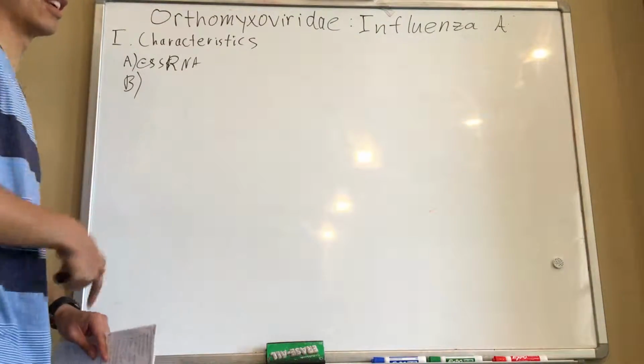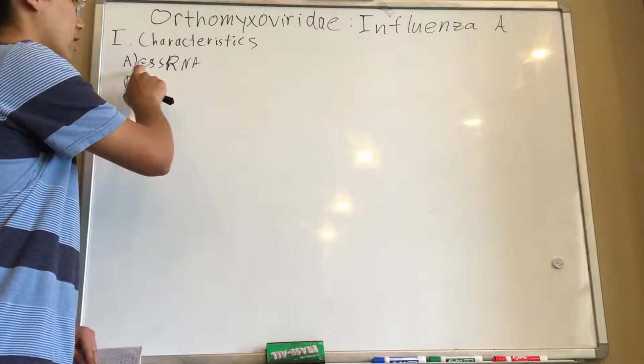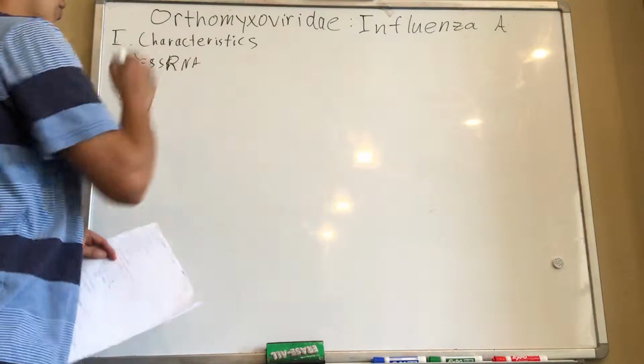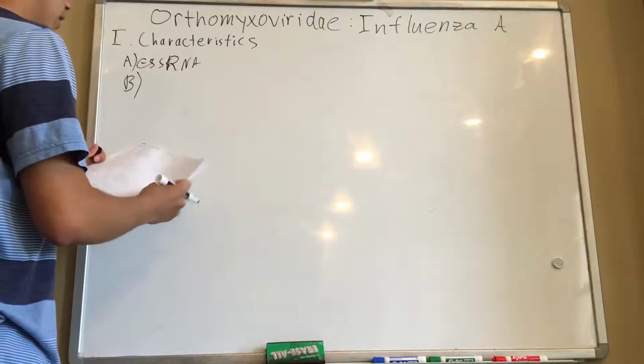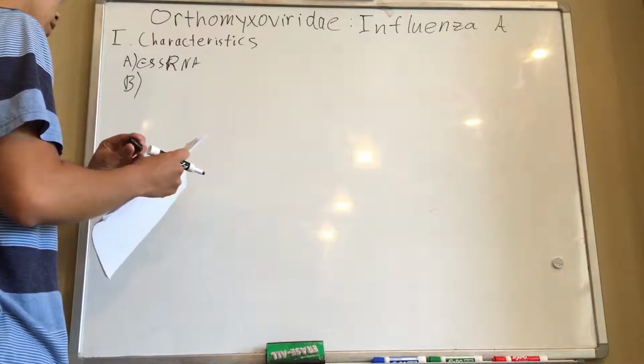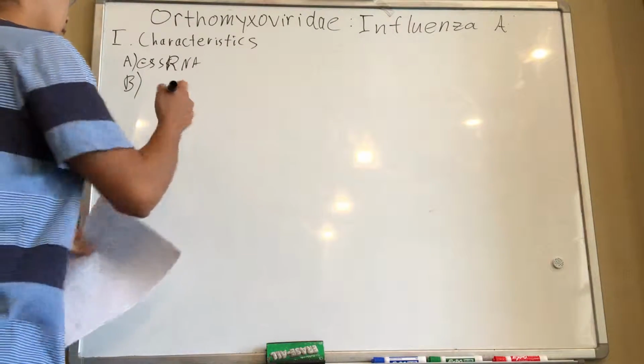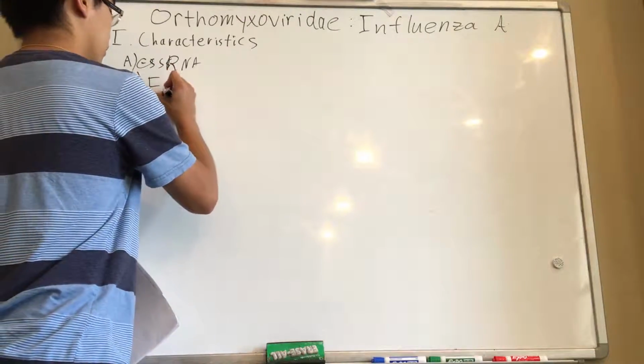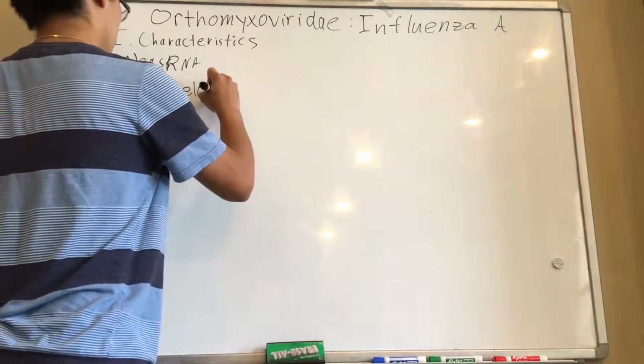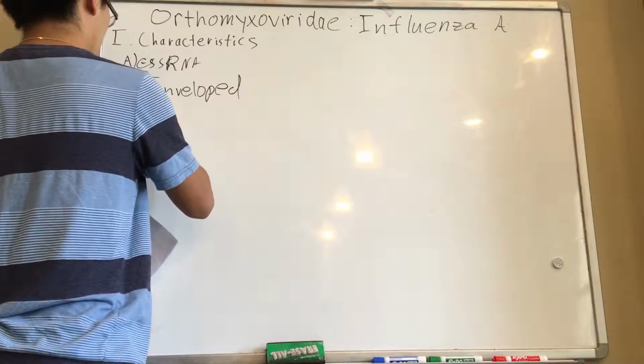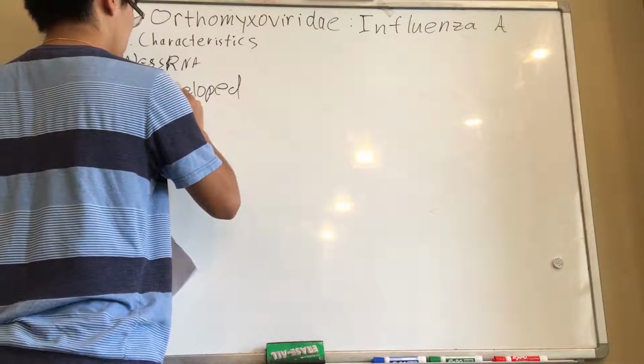So going back to the original point, negative single-stranded RNA. That's one of the first characteristics of influenza A. Next, it's enveloped, with a helical nucleocapsid.